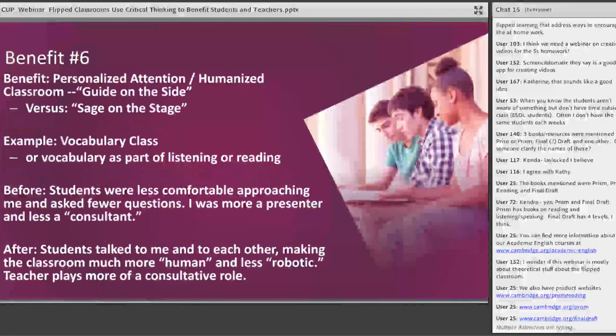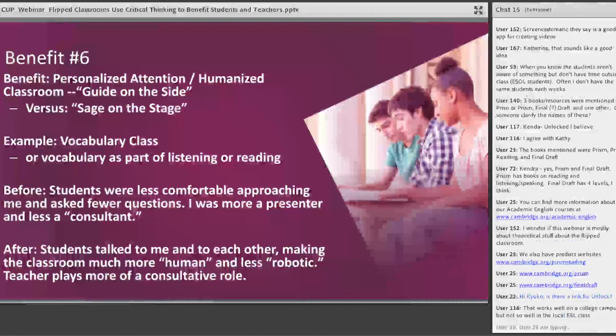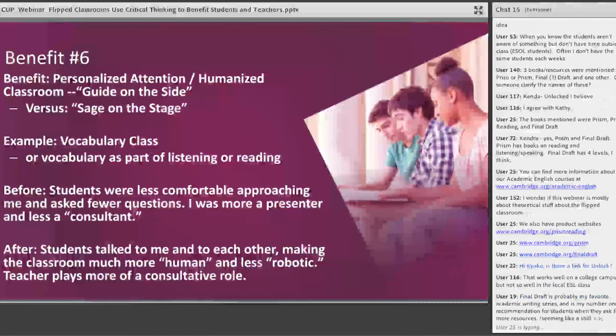The sixth benefit I'll talk about is the personalized attention and the humanized classroom you get for flipping your classroom. If we revisit the two phrases I mentioned earlier, a sage on the stage is your stereotypical lecturer, but a guide on the side is the teacher who now has the ability to get to know the students and their work much better.